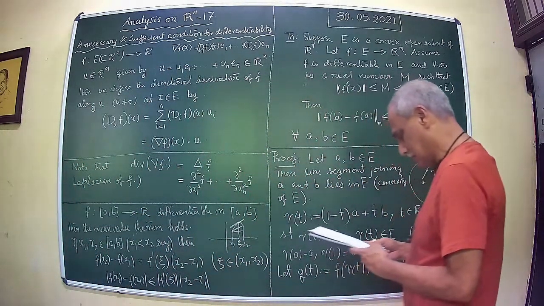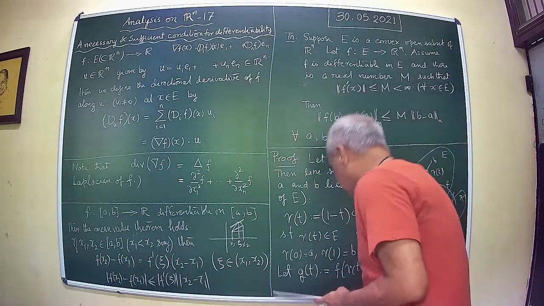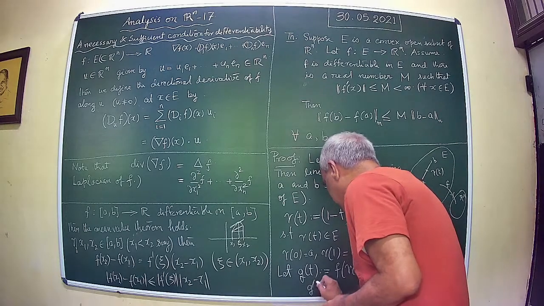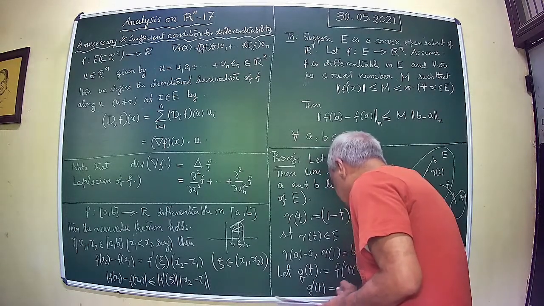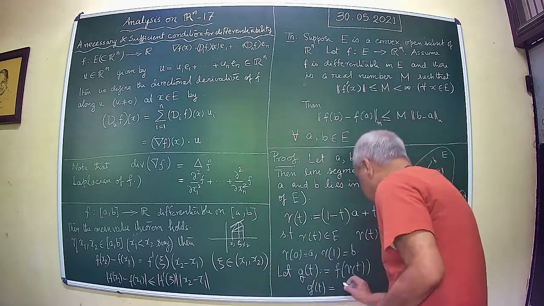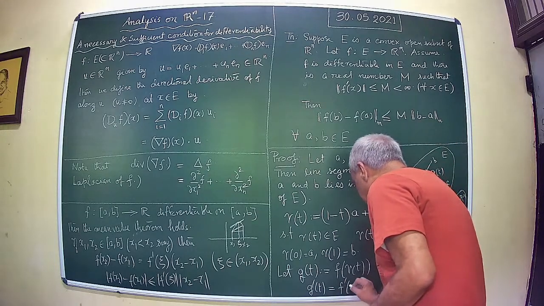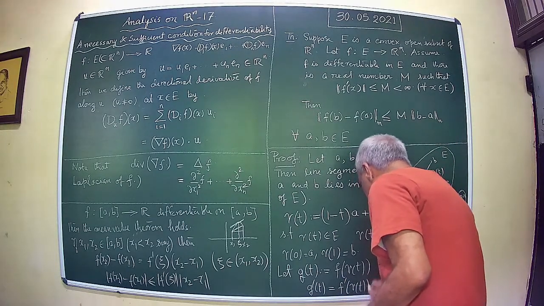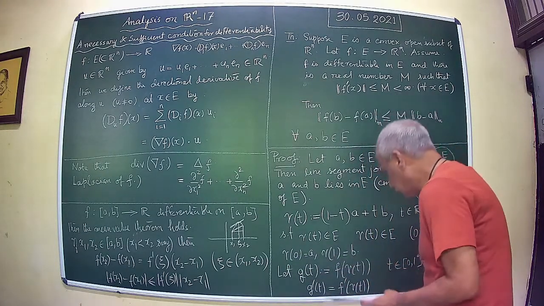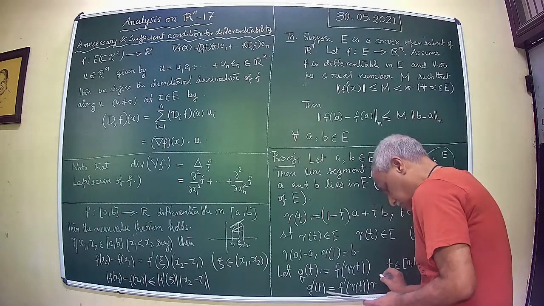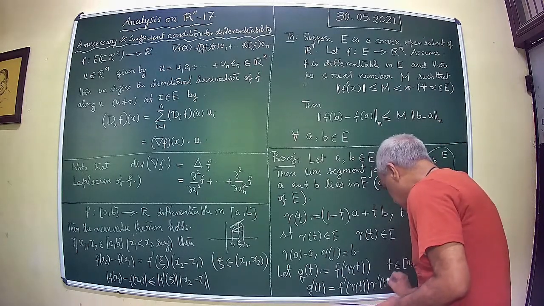Okay. Now let us compute g derivative. G derivative of t, we have already seen this. This is equal to f derivative at gamma t operating on gamma derivative of t, in that order.